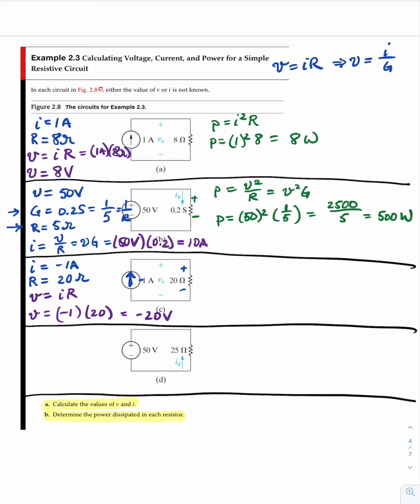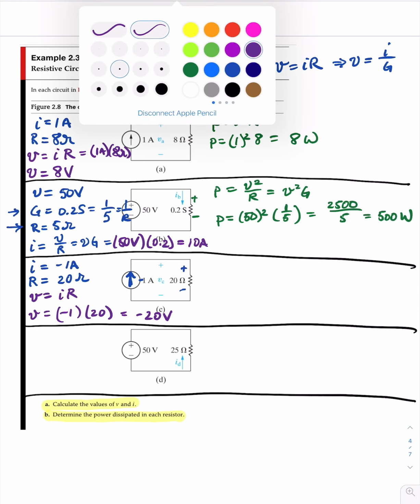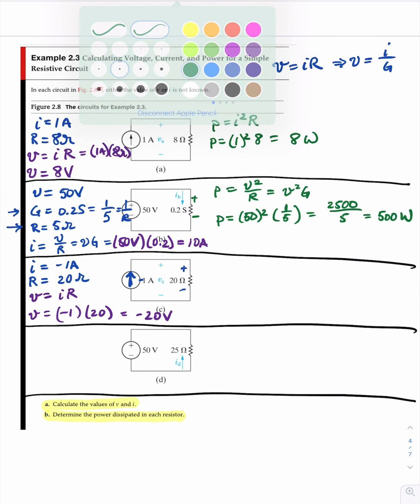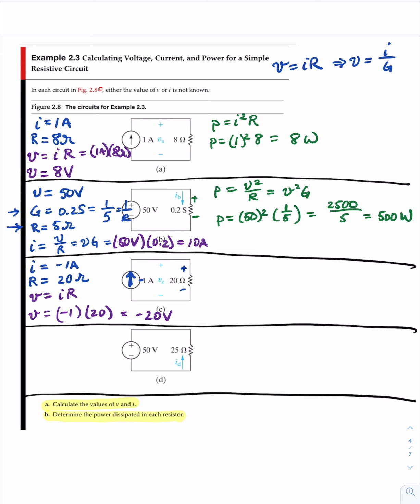All right, now let's find the power that's absorbed by that resistor. We can use P equals, we're given current, so I squared R. So P is equal to -1 squared times 20, which is equal to 20 watts.